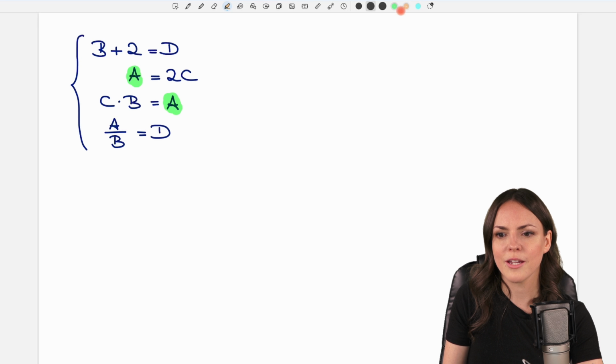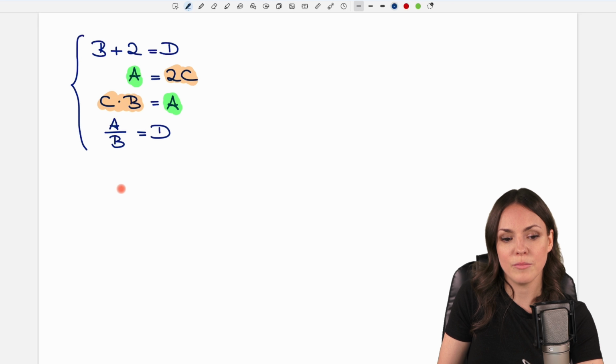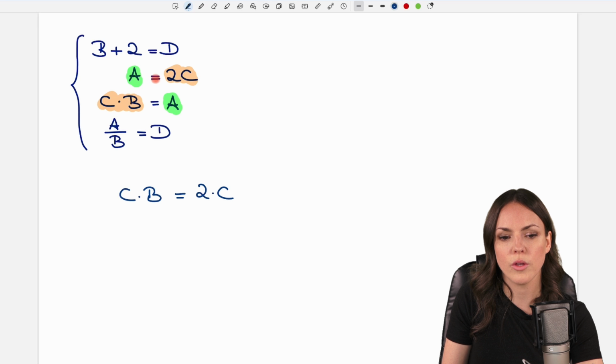That's great, because if we know that A equals 2C, and here we know that A equals C times B, then automatically these orange parts have to be the same. So C times B has to be the same as 2 times C, because both of them equal A.